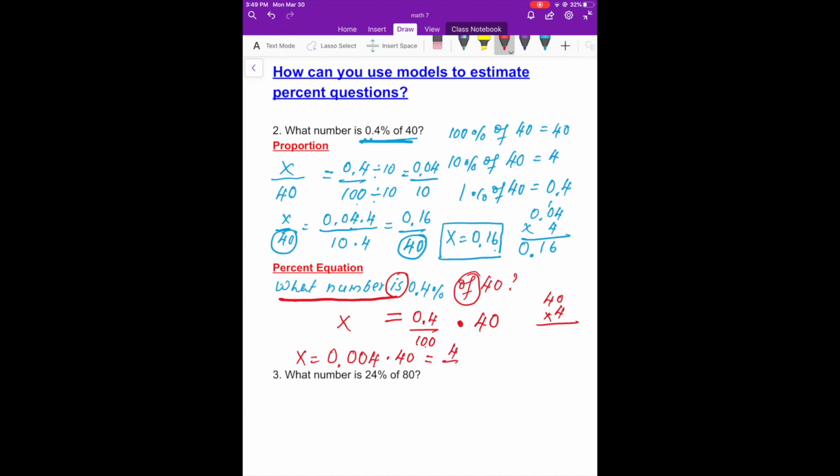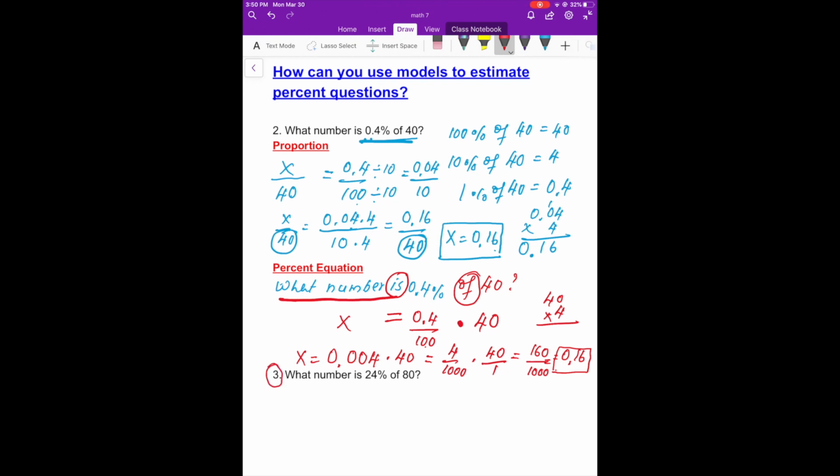So this is like 4 over 1000 times 40 over 1. So that will be 160 over 1000. So 160 thousandths is 0.16. This is a good problem for you to review your decimal skills. So the answer is 0.16.